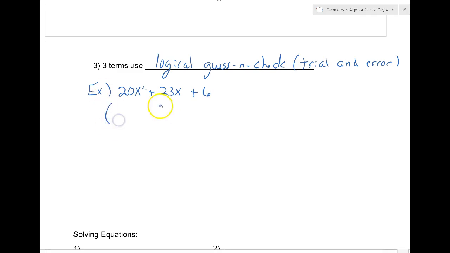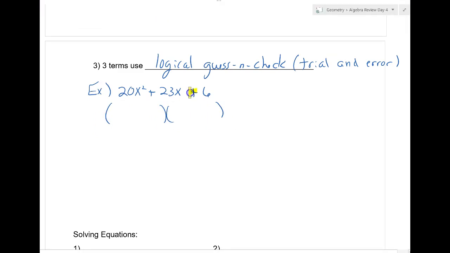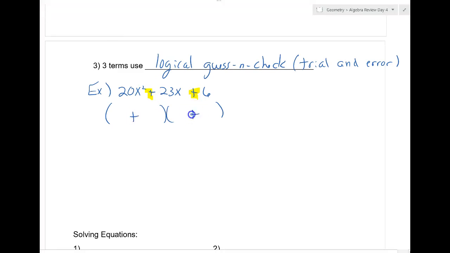Then you do your two sets of parentheses, and we check our signs. Same sign, both addition. So we have a plus and a plus. All right, now we need to think about what numbers are factors of 20. Well, we know that we're going to have 1 and 20, 2 and 10, 4 and 5. Which ones are the most logical to use? That's right, 4x and 5x.